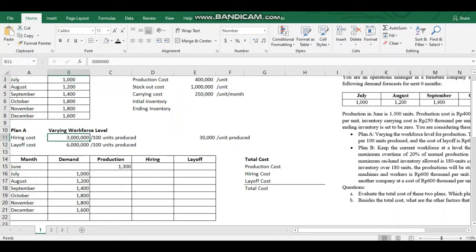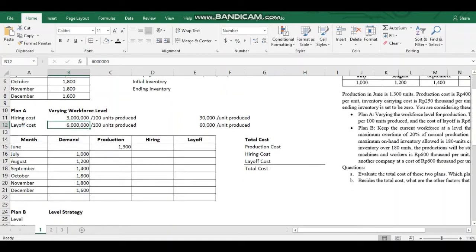Just divide the 3 million by 100 units and we get this number. And also for layoff costs, the layoff cost is 60,000 per unit produced. We get it by dividing the 6 million by 100 units.